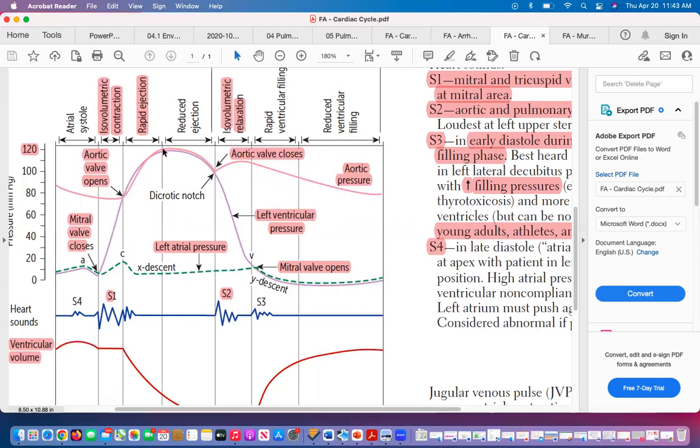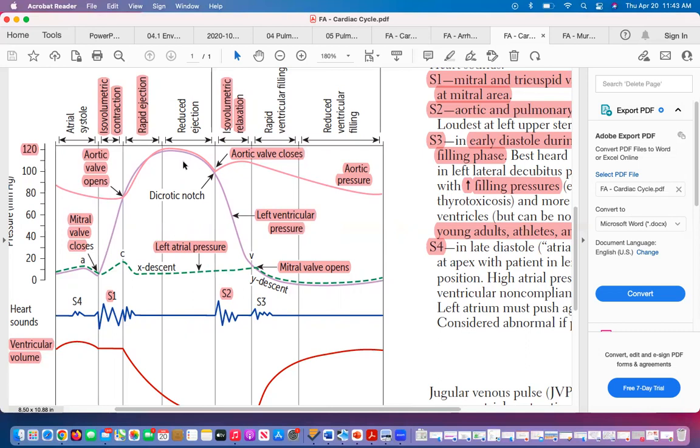in the aorta. And after that, we see the reduced ejection interval. Still, the blood is going through the aorta in this phase, but a little bit slower. That's why we call it reduced ejection.